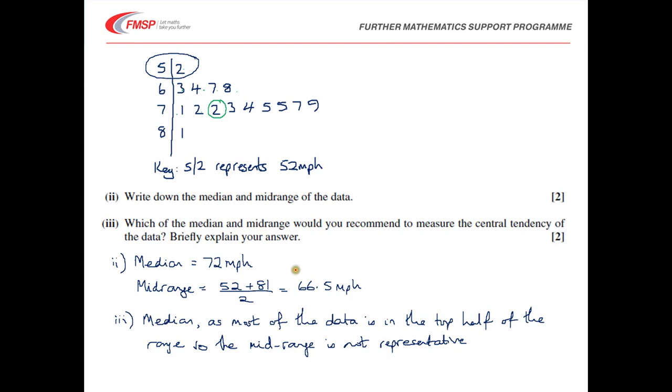For part 2, it's just a straightforward 1 mark for each, and your median is follow through your diagram. So if you made a mistake on the diagram, then they'll follow through for that. And for part 3, there's 1 mark for saying median and 1 mark for an explanation which refers either to the lack of symmetry of the distribution or to the outlier.